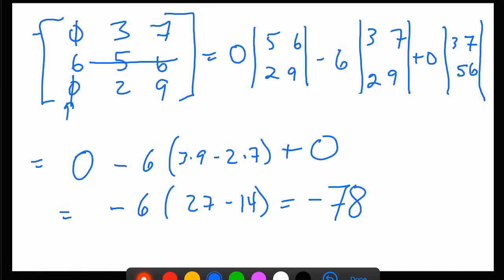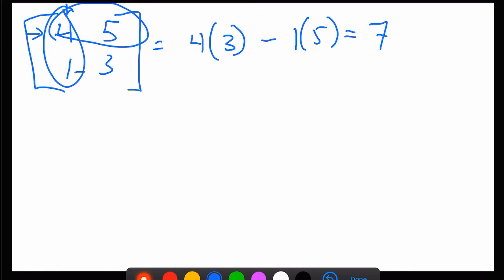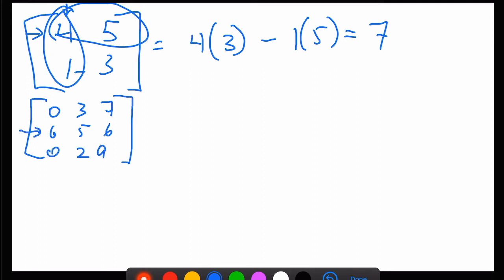Now, do it the hard way. Let's do it on that row. That 6 is a 2,1, it's a minus, so I'm going to be minus 6. Get rid of the row, get rid of the rest of the column: 3, 7, 2, 9.